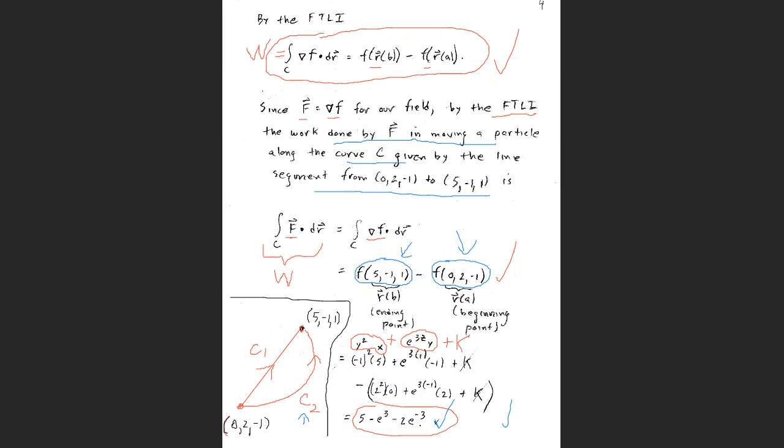It doesn't matter what path you take to go from the starting point to the terminal point. That's called independence of path, and that's true when we have a conservative vector field.